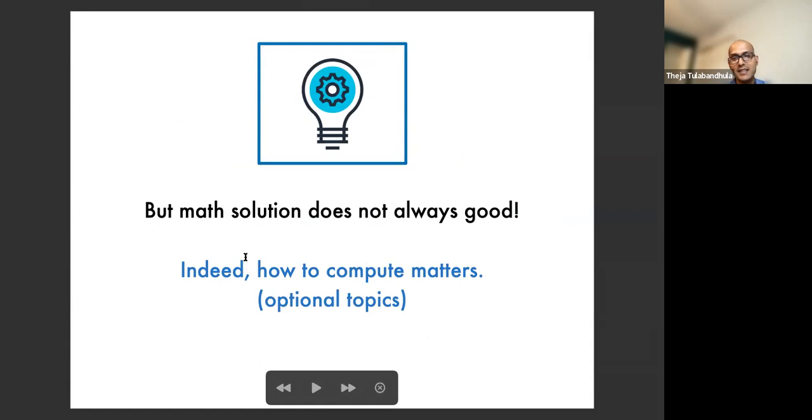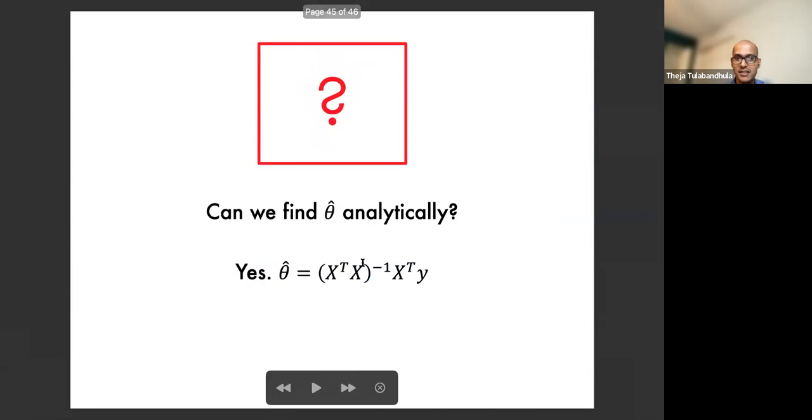So in this slide, we're just saying that this is the problem we're solving. Although we have a formula, there's an inverse operation here, which you can work around in some ways, but it may make the computation of theta not very stable. If you have done any linear algebra, at least computationally, you know that if the matrix is not a good matrix, the inverse sometimes may not exist, and the matrix could be singular or close to singular.